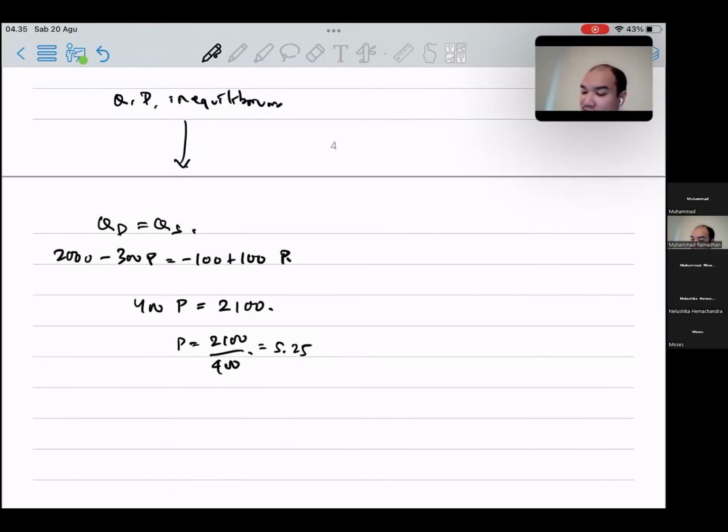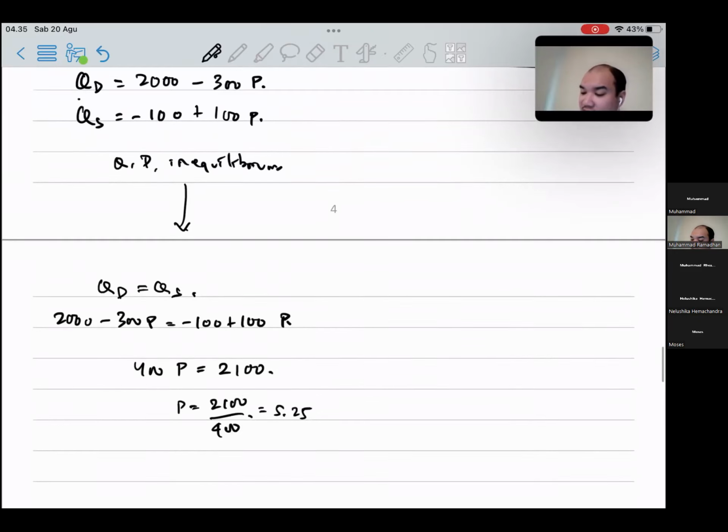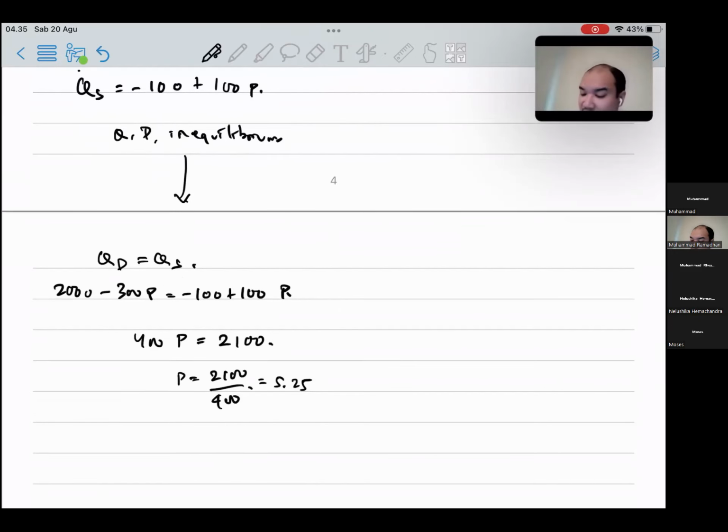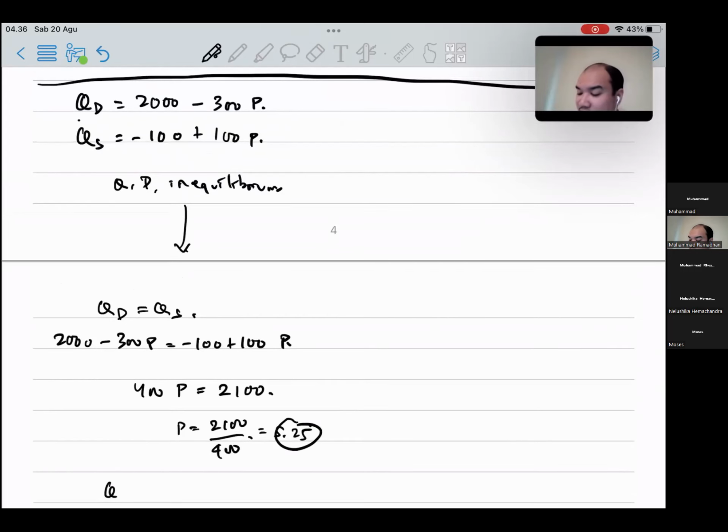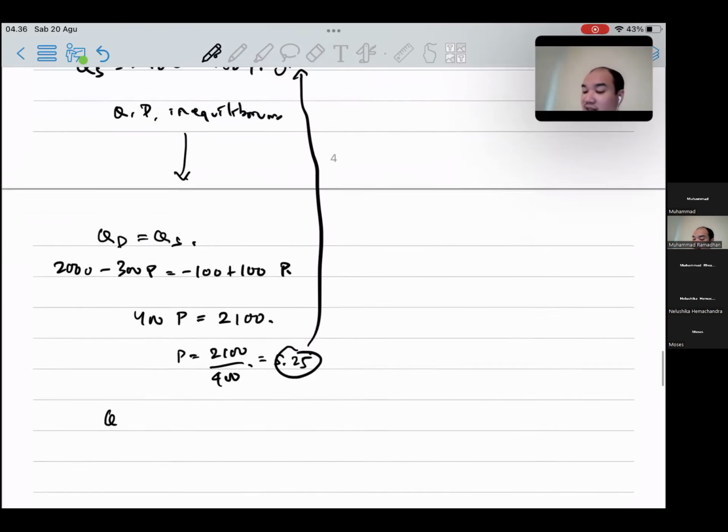And then what is Q? Yeah, what is Q? So you can put 5.25 into either QD or QS.